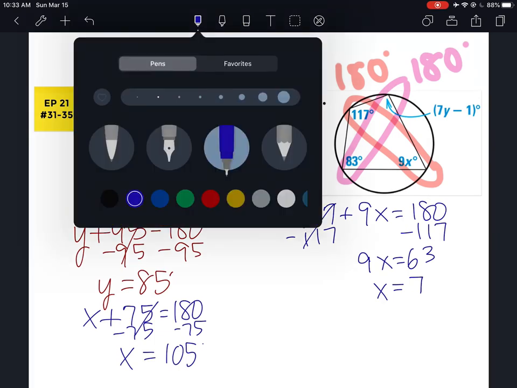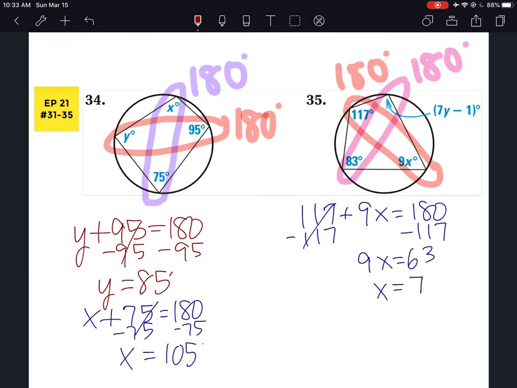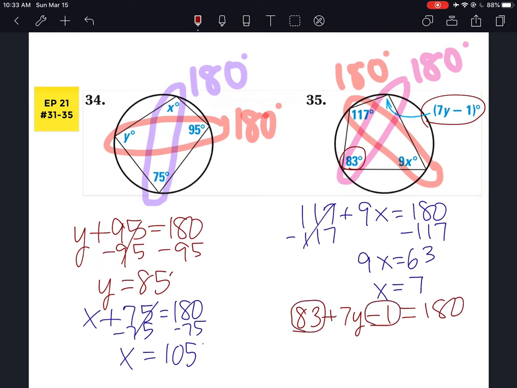Now to do the next one. So this relationship here between the 83 and the binomial, I will have to write 83 plus 7y minus 1 equals 180. I'm going to have to combine like terms, 83 and negative 1. Just combining like terms, I'm going to get 82.